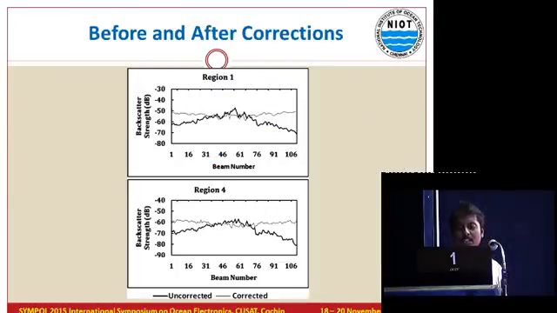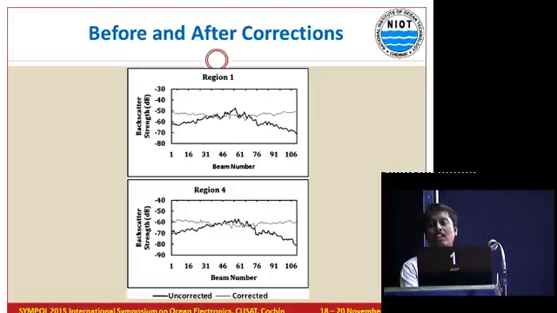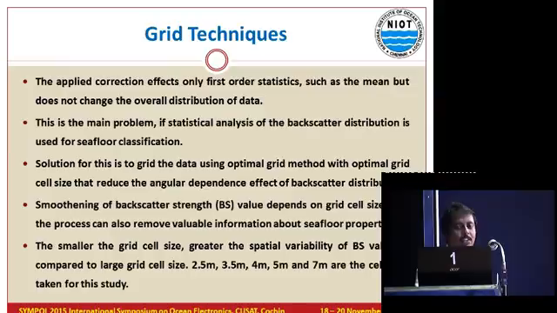Here in this figure, I am showing backscatter across transect lines before and after corrections. The grey one is after correction and the dark one is before corrections. This software applied correction affects only first order statistics such as the mean.